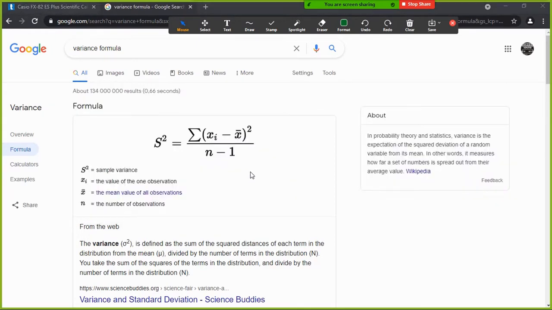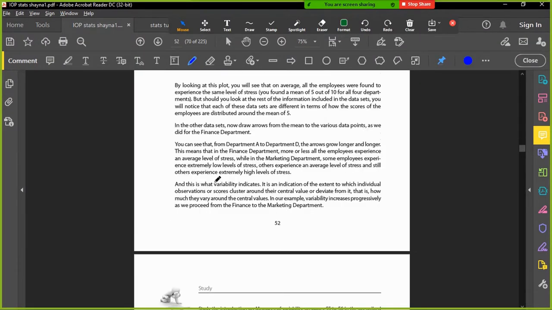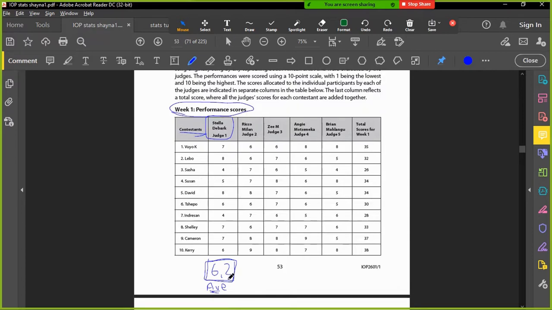So where's my practical question? It's further down. Here. Okay, do we have the average? Yes, we do, 6.2. So it would be 7 minus 6.2. What I have to do is look at this observed value and subtract the average.